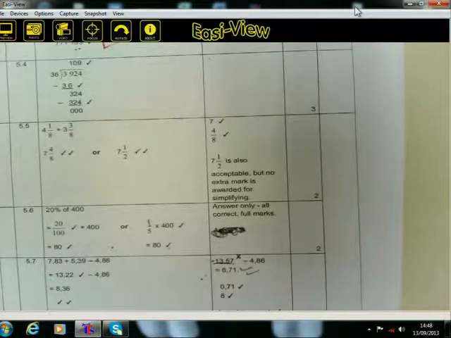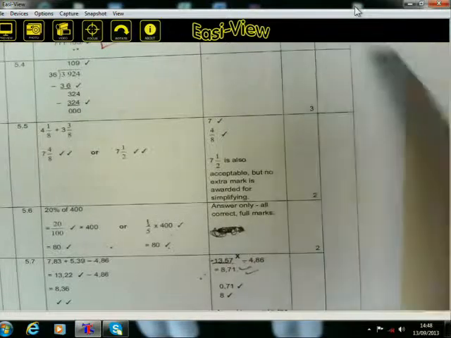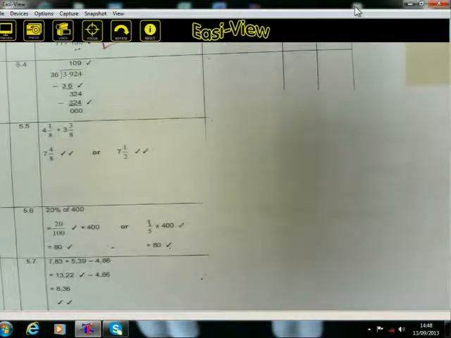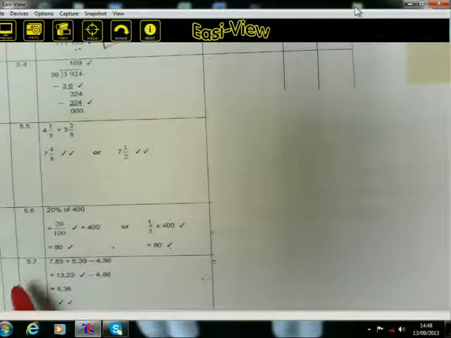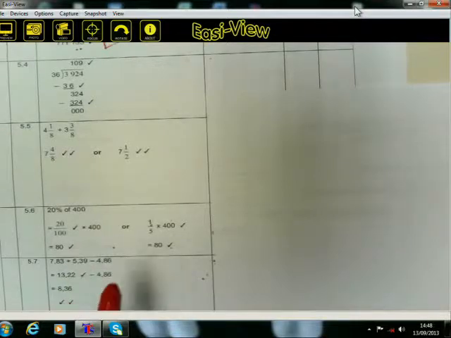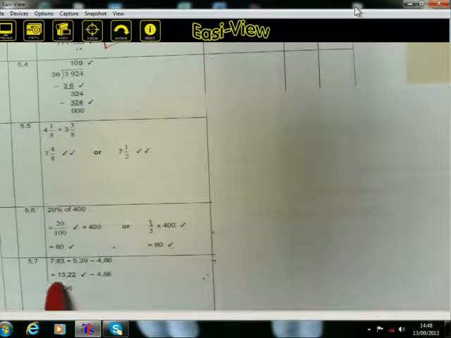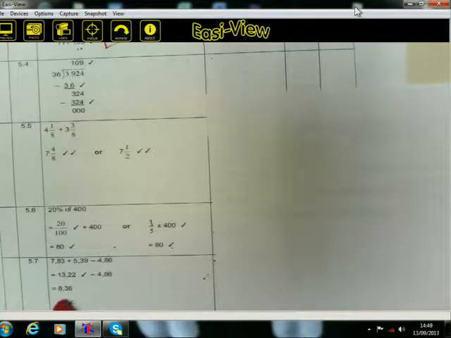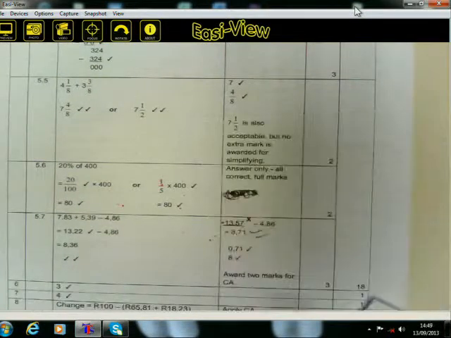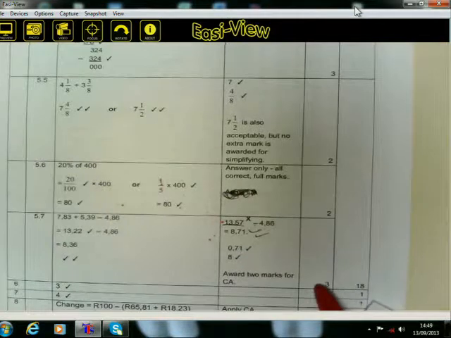The correct answer, yes, let's look here. When you add the 2, they give you this one. You mark. And then the final answer, you also mark the final answer here. That is how we get these 3 marks.